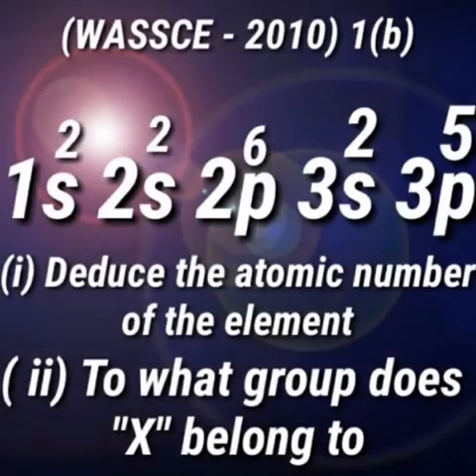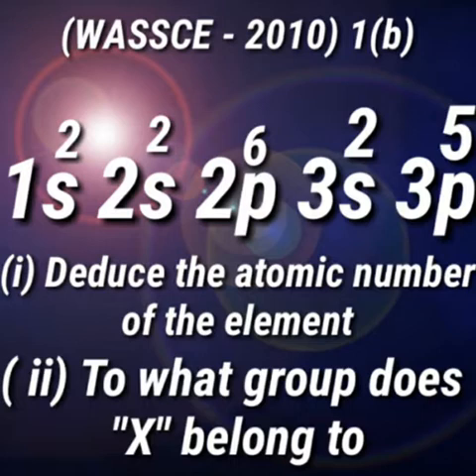So question 3 says, the electronic configuration of an element X is 1s2, 2s2, 2p6, 3s2, and 3p5. Then the question says, Roman figure 1: deduce the atomic number of the element.